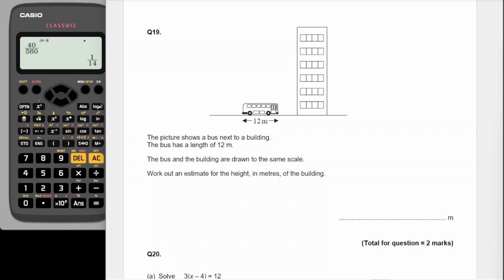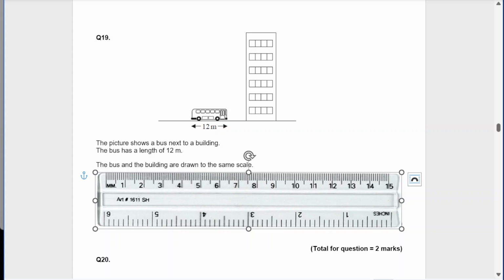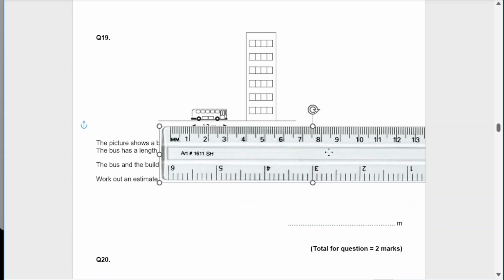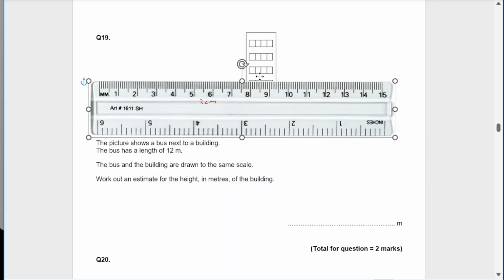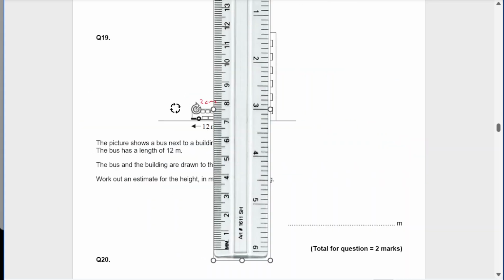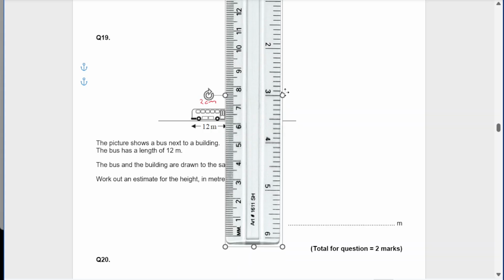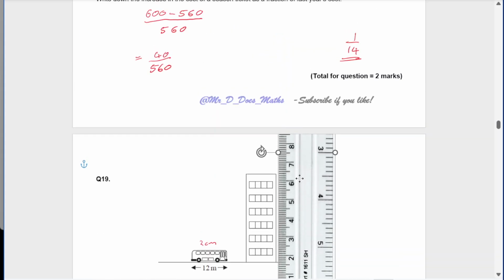So I'm going to bring my ruler back in. By my ruler, I make the bus 2 centimeters, and I make the height of the building 4.8.